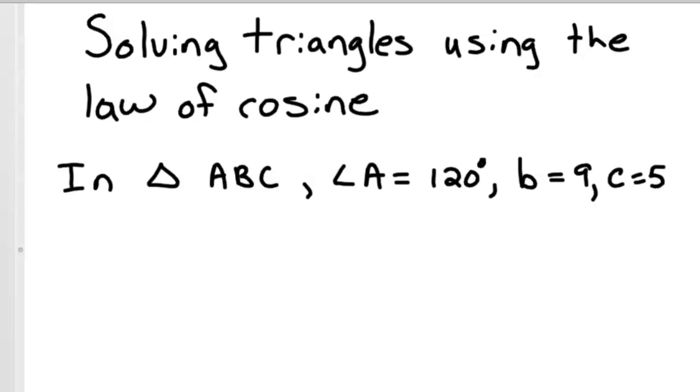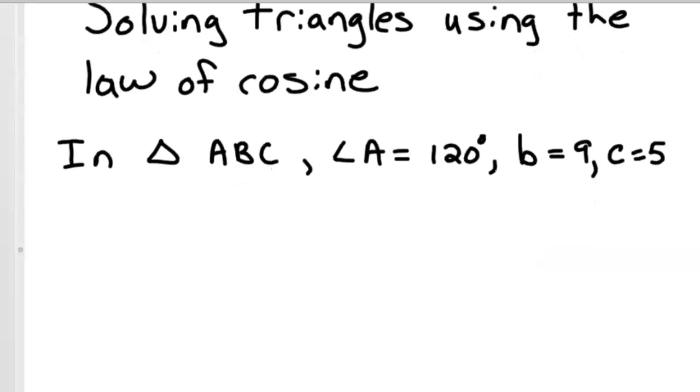But what I have here is a triangle ABC has an angle of A of 120. One of the sides B is 9, and the other side C is 5. And so, again, I'll show you how to draw this triangle, and that's the first step.